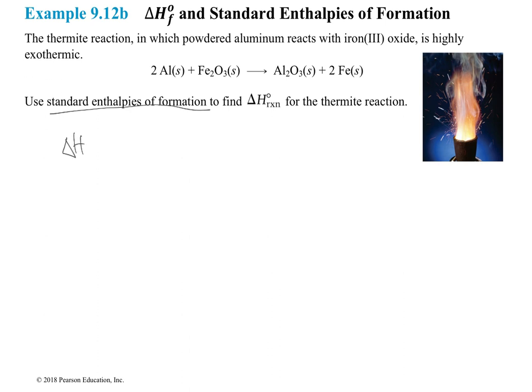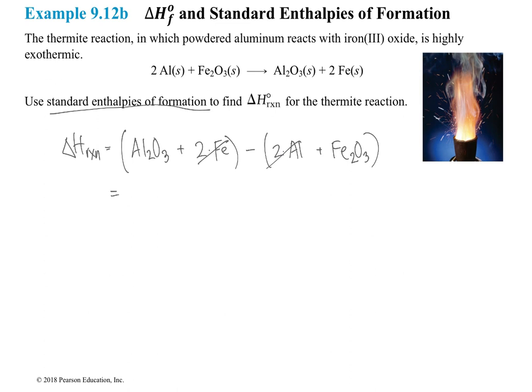So delta H of reaction is going to be products, so 1 times aluminum oxide plus 2 times iron, minus 2 times aluminum plus 1 times iron oxide. We know that anything in its standard state will be 0, so iron and aluminum will be 0.